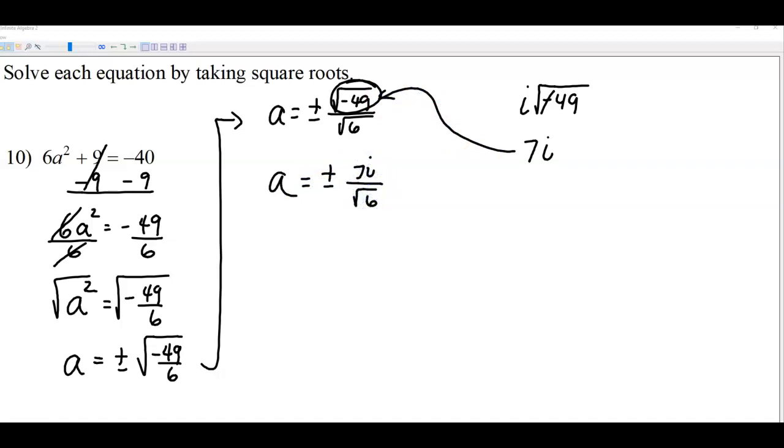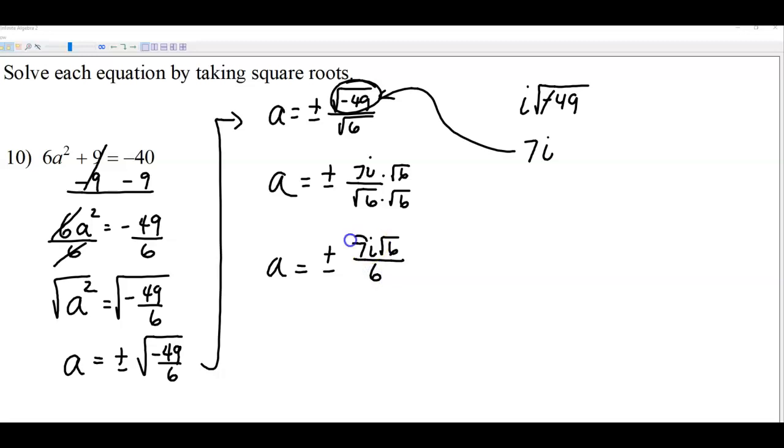Another thing is we don't like having square roots in the bottom. So to fix that, we would just multiply the top and the bottom by the square root of 6. That's called rationalizing. And so we would end up with 7i square root of 6 over 6.